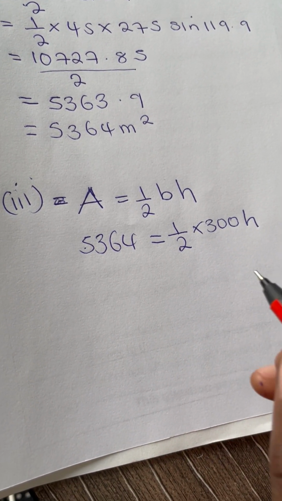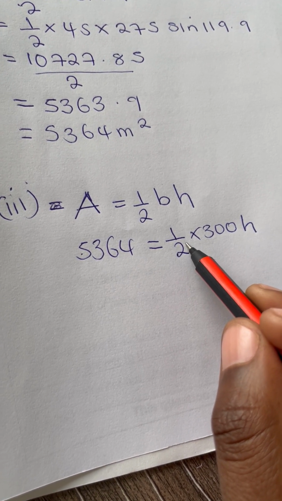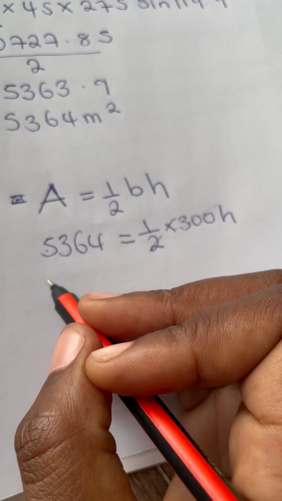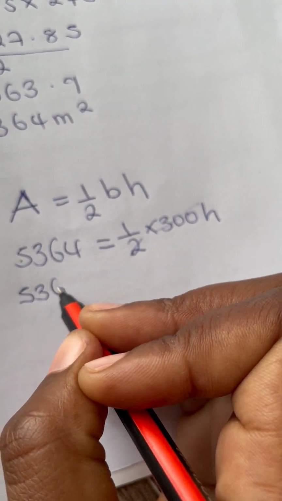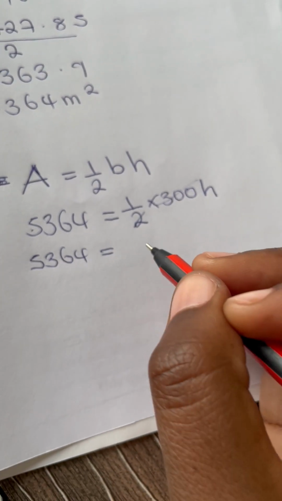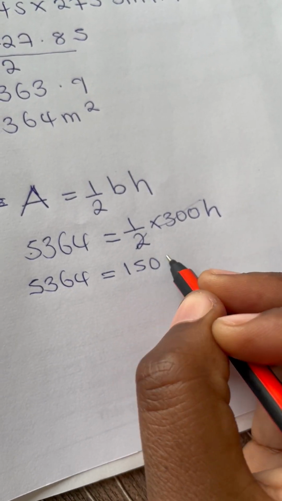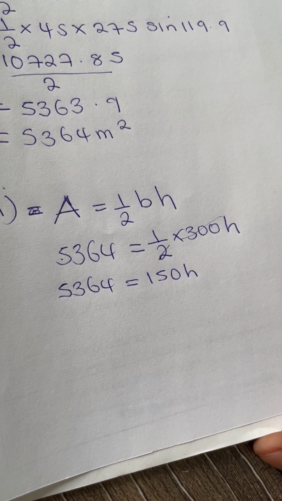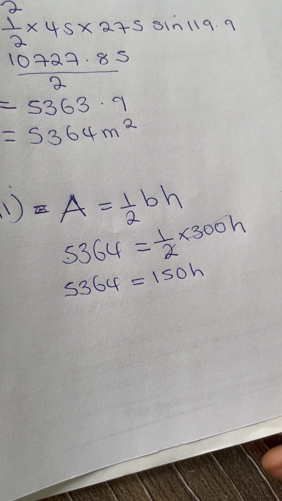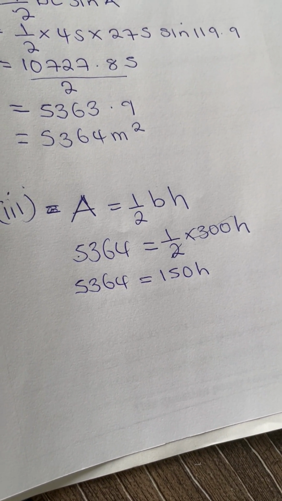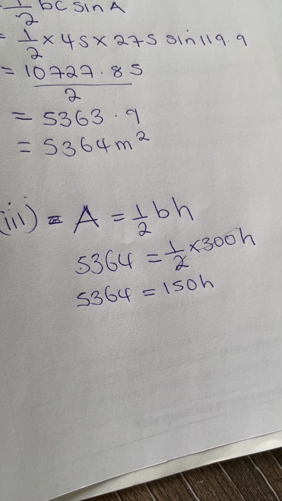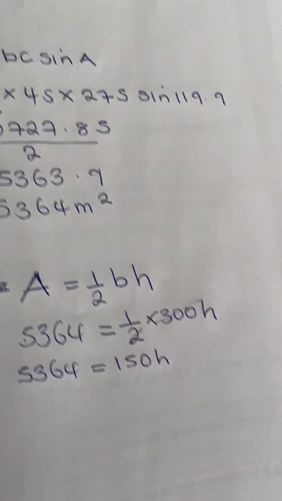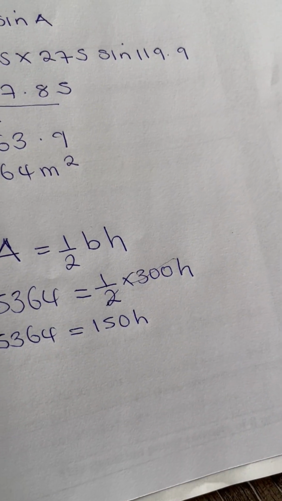How do we go forth? Of course, we can reduce this. 2 can go into 300. The left-hand side we maintain, 5364, and there we've reduced, so we are going to have 150 h. Very good. Now we have to divide throughout by 150, because we are looking for the value of h, the shortest distance from A to BC.